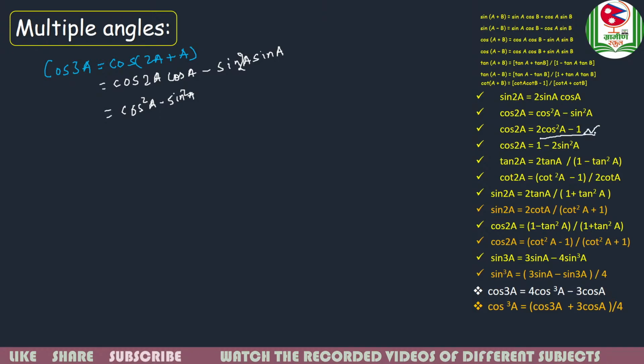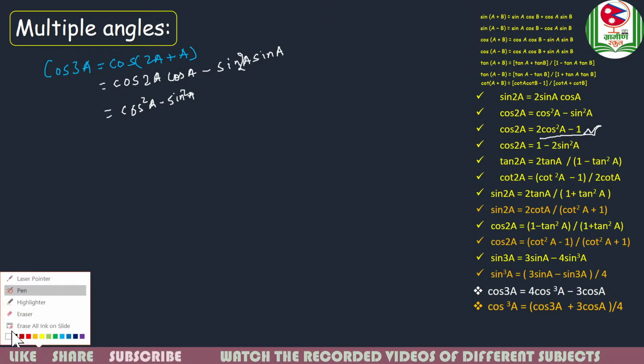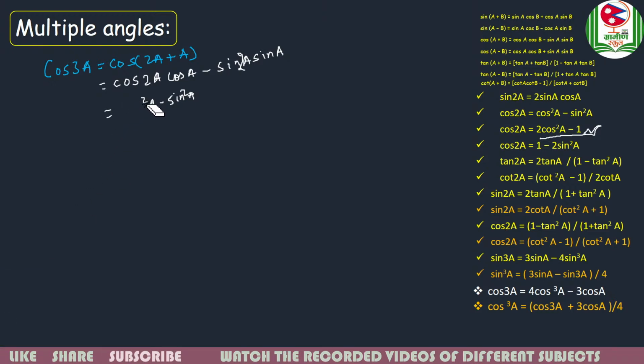So we directly apply this formula and replace this cos 2A in the form of cos, that is 2 cos square A minus 1. So it is 2 cos square A minus 1 into cos A.